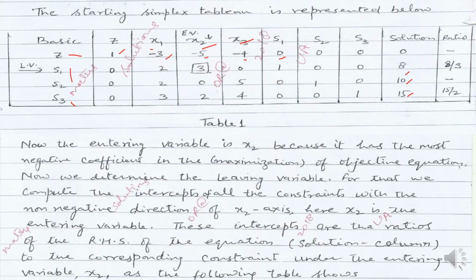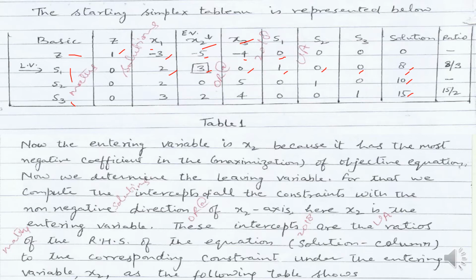So in the S1 row, coefficient of Z is 0, coefficient of X1 is 2, coefficient of X2 is 3, coefficient of X3 is 0, S1 is 1, S2 is 0, S3 is 0, and right hand side is 8. We write similarly coefficients of the S2 row and S3 row.